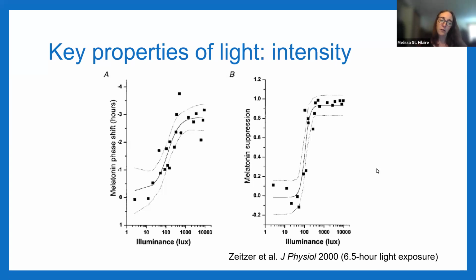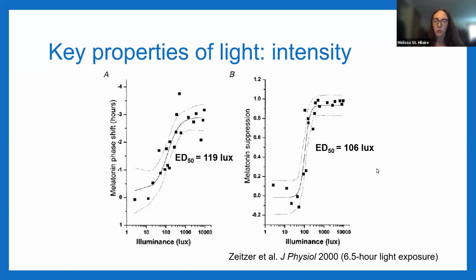At the time, it was thought that humans needed to have very long light exposures in order to elicit a strong response. As I'm going to tell you later in this talk, that isn't necessarily the case, as we now know. But really, the importance of this work was highlighting the fact that the circadian system, both for phase resetting and for melatonin suppression, was really sensitive to a lot lower light intensity than I think we had expected, at least in humans.